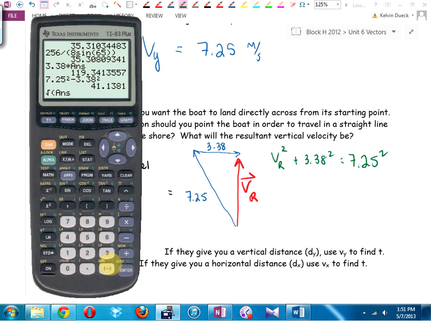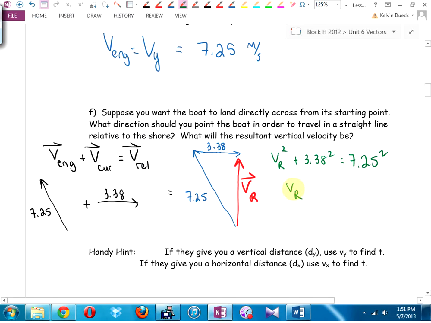What's your resultant velocity? 6.41. Pythagoras here?